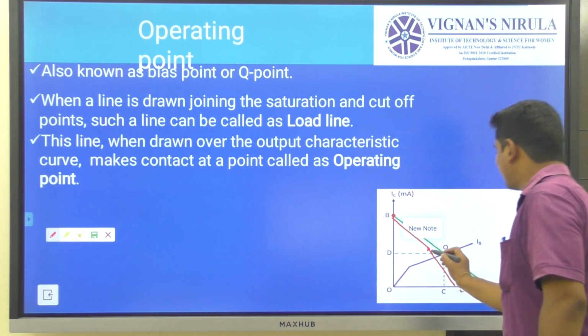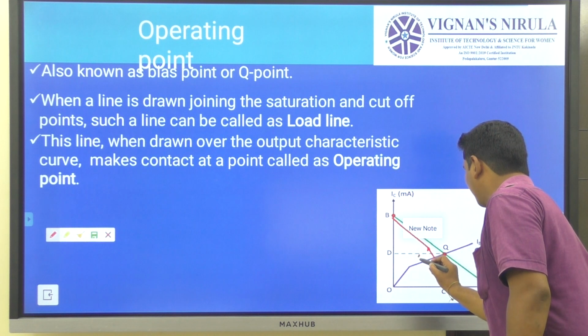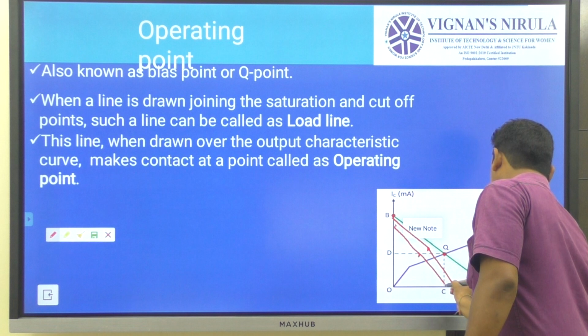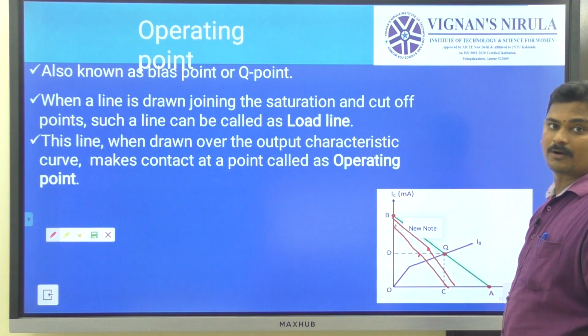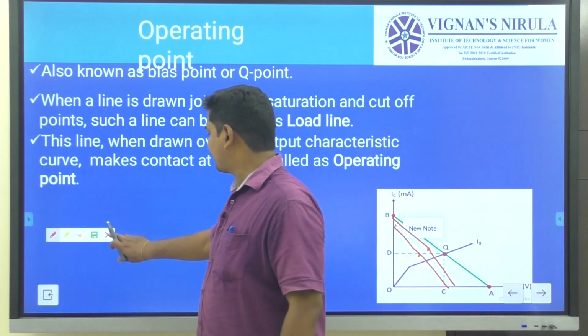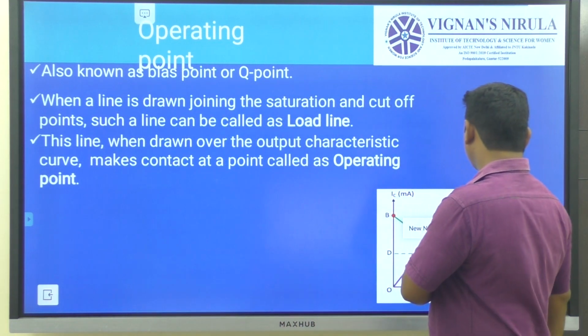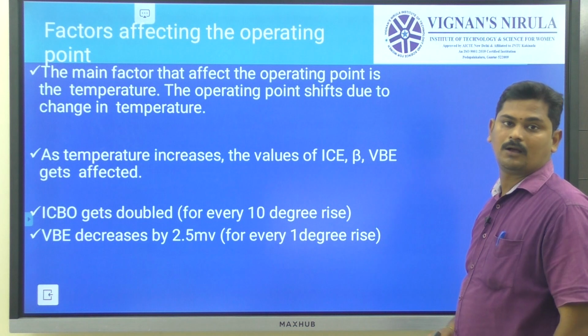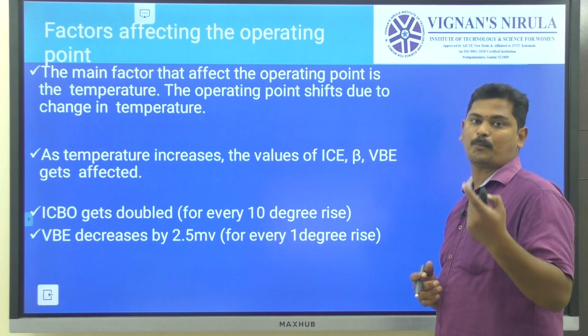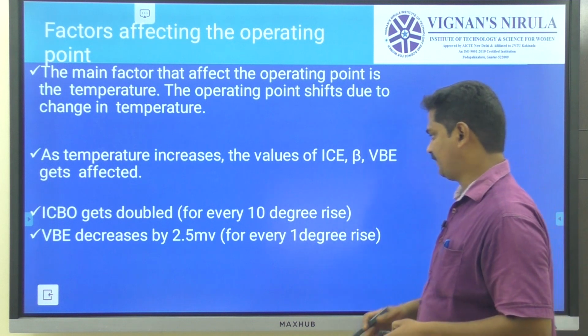If the room temperature increases, then automatically the Q point will be shifted, and the contact point we will draw here. So this is the effect of temperature on this IC value. If the IC value changes, automatically the quiescent point, that is the Q point, will be shifted.